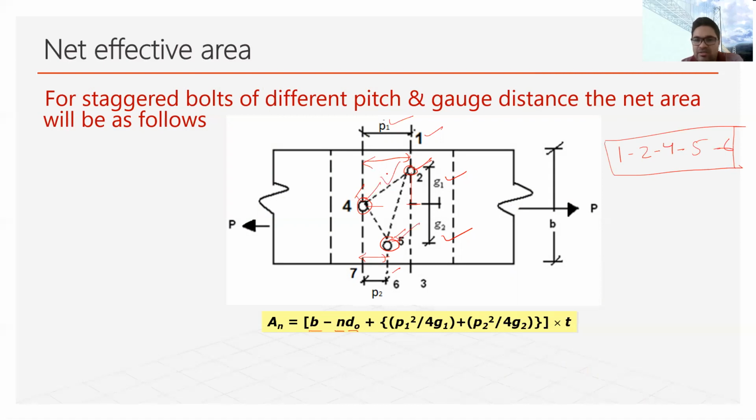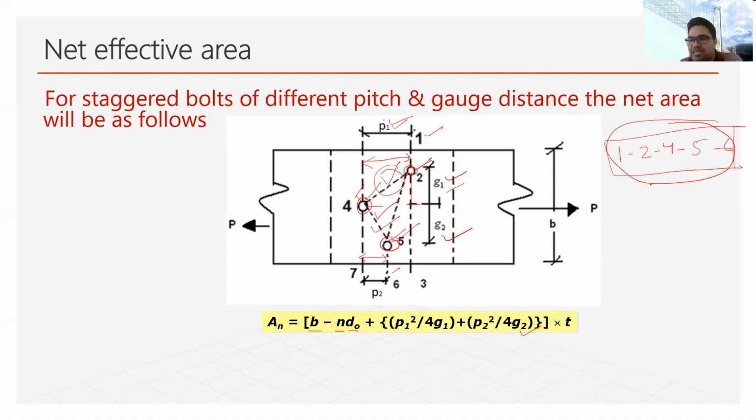One is this one and the second plane is this one. For the upper plane, we are taking P1 square by 4G1. Similarly, for the second plane, we are taking P2 square by 4G2 for this particular section.